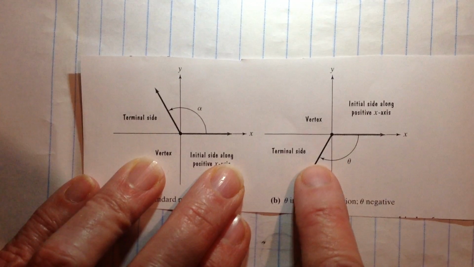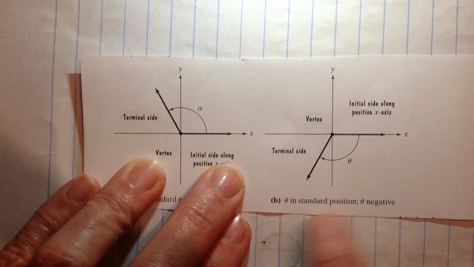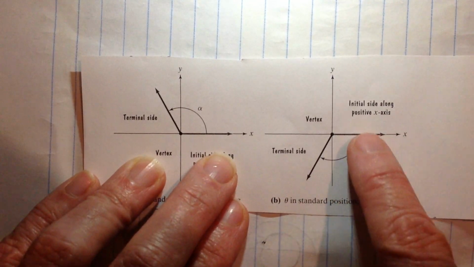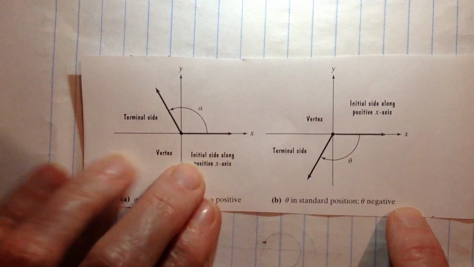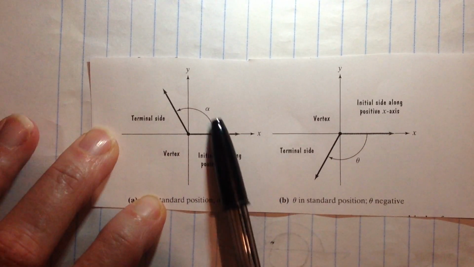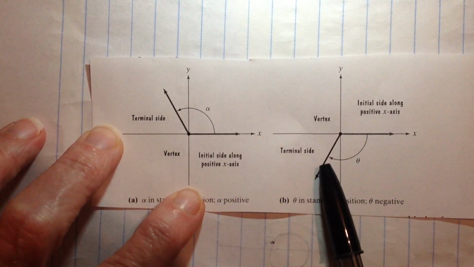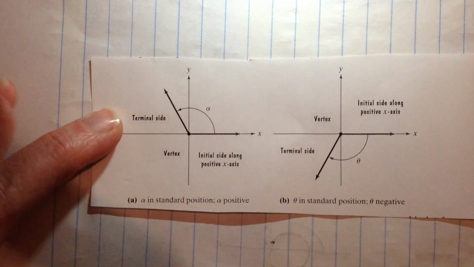The degree of this angle is negative in order for you to get to the terminal side. So again, this angle is in standard position, but theta, which is the angle measure, would be negative. So this is what a positive angle degree looks like. This is what a negative degree angle looks like. And both of these are in standard position.